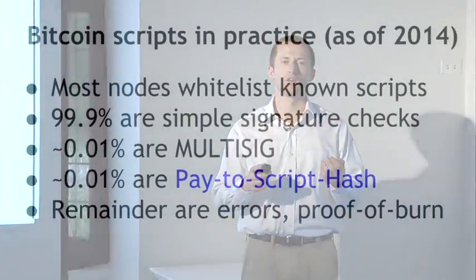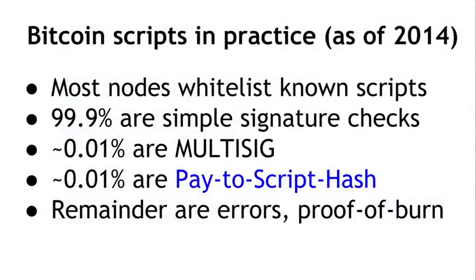So if you look at the history of Bitcoin and look at what scripts have actually been used, the vast majority, 99.9%, are exactly the same script, which is in fact the script I showed you in our example of a script execution, a script that just specifies one public key and requires a signature for that public key in order to spend the coins. There's a few other things that have some use. So multisig gets used a little bit, and there's a special type of script called pay-to-script hash that I'll talk about in just a minute.